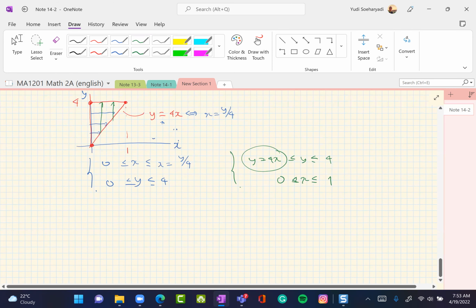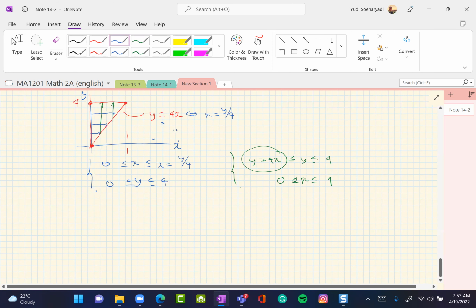In this case, the integral would be the x first, so x goes from 0 to y over 4, and y from 0 to 4.